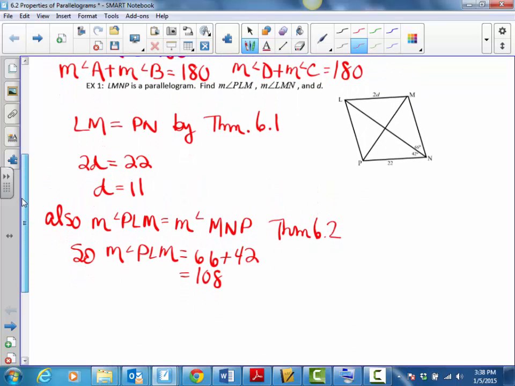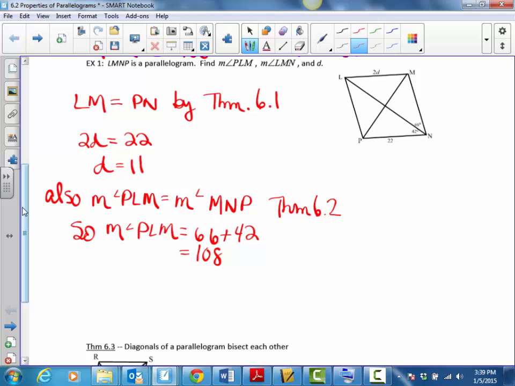To find the measure of angle LMN, I know that angle LMN and angle MNP are supplementary, meaning they add up to 180. So the measure of angle LMN equals 180 minus 108, or the measure of angle LMN equals 72.